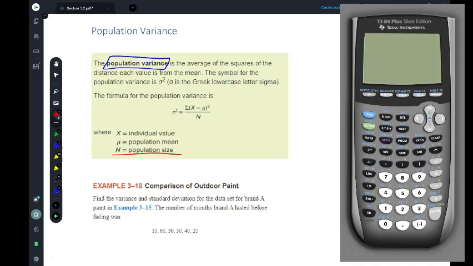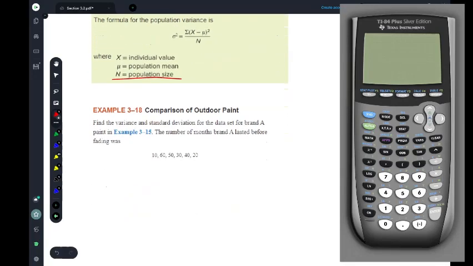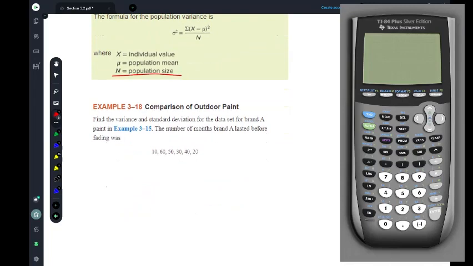Let's actually dive in and do an example of how to use that formula. Okay? So, here are the numbers from brand A that we saw in the example we just did. The length in months of how long brand A paint lasted before it began to fade. Here's how we're going to set this up.